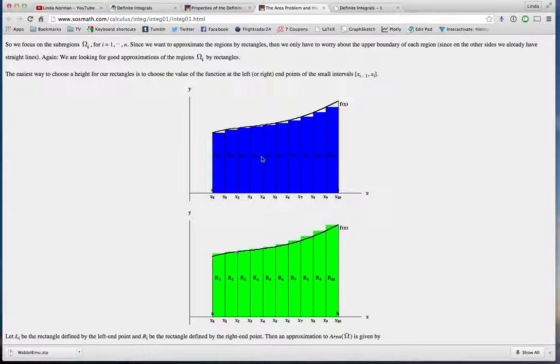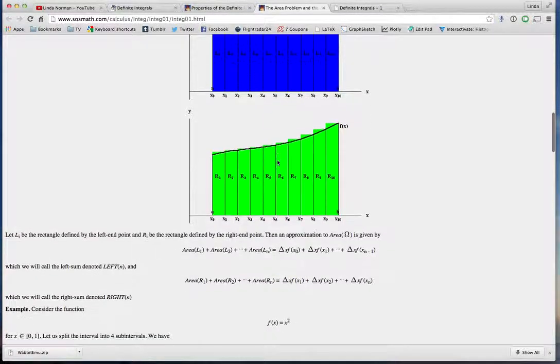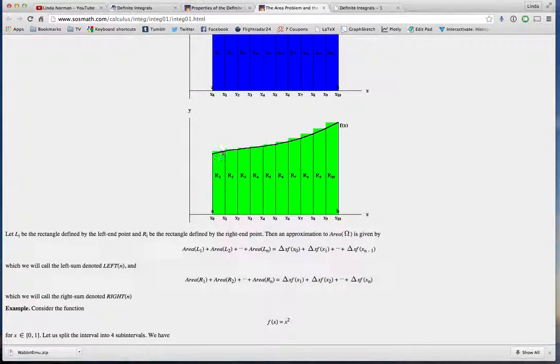Now, I can do this in a couple of different ways. I can square off the rectangles so that they're all contained inside the function, in which case I'm going to get an estimate that's slightly smaller than the area under the curve. Or I can square off the rectangles outside the curve like this, in which case I'll get an area that is slightly more than the area under the curve.